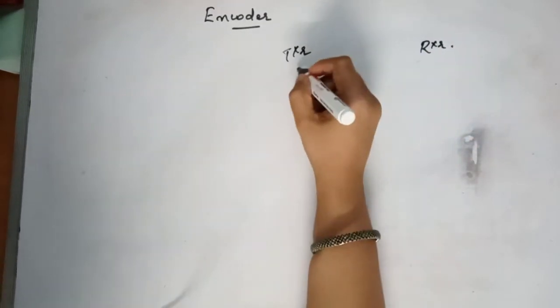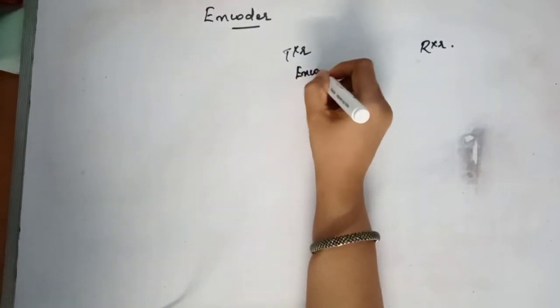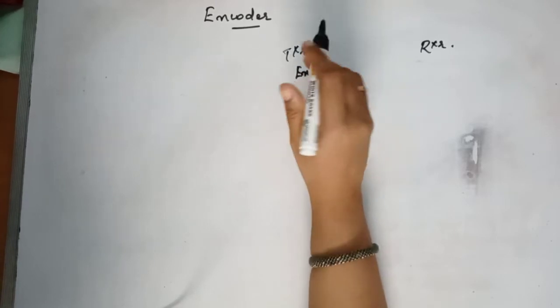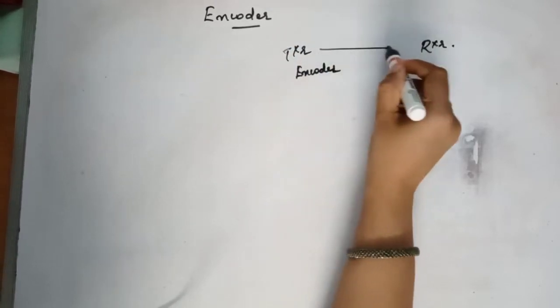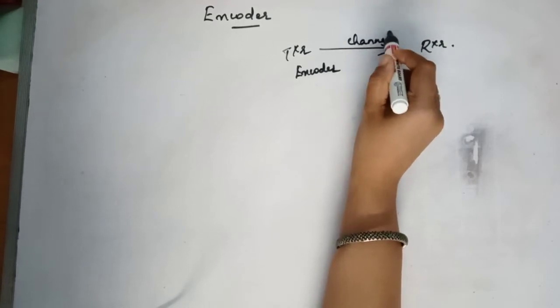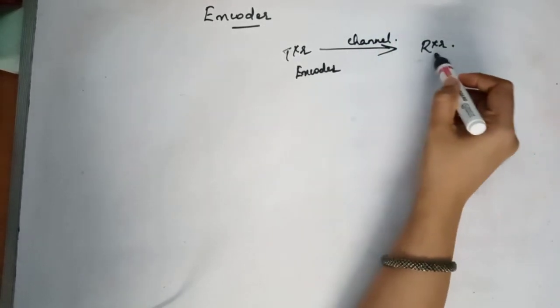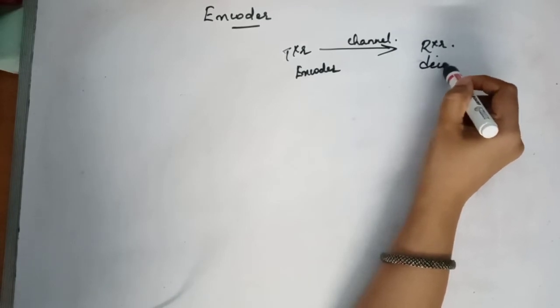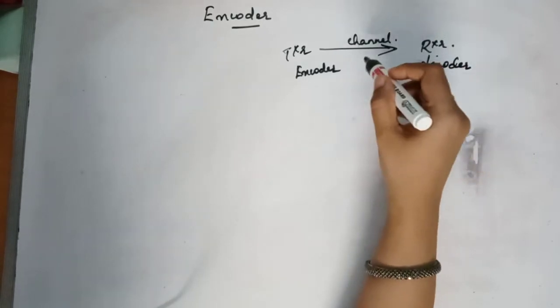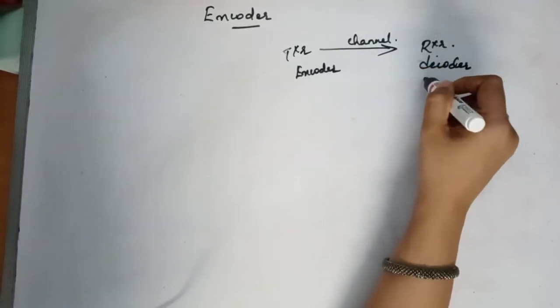From the transmitter you have an encoder. The actual data is coded in some other form and it is transmitted through the channel, and it is received by the receiver, and here you have a decoder which will decode the data from the coded message that it will receive.